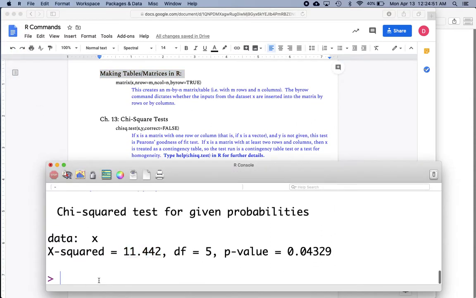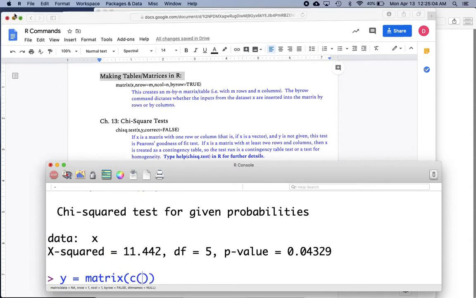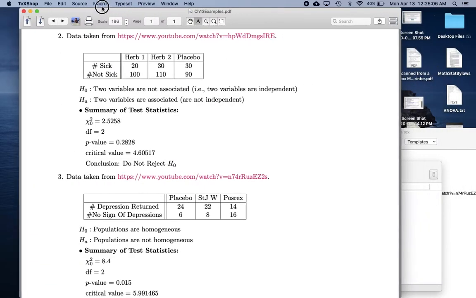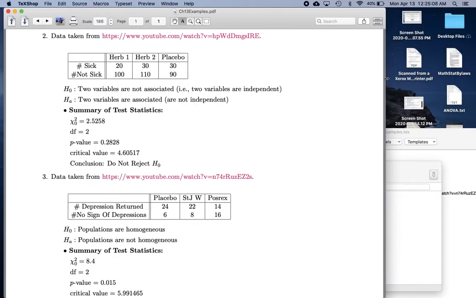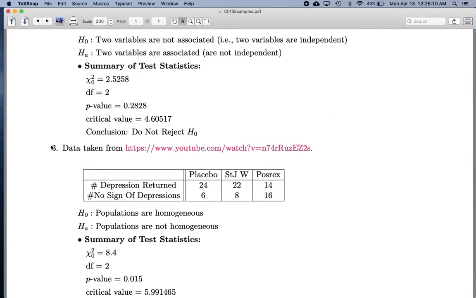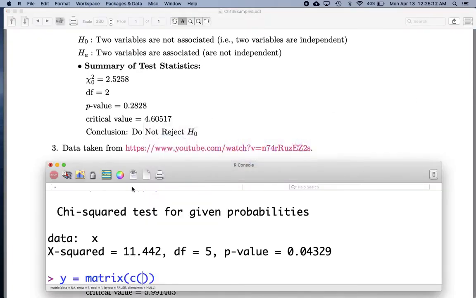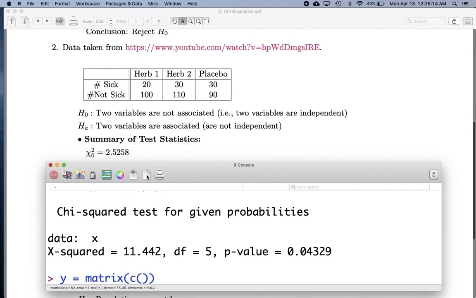By a matrix, all I mean is a table. So this is going to be a matrix or a table, and let's take our data here. Let's get rid of that because I don't need that anymore. Our data is going to be, I'm just going to read it off by row.